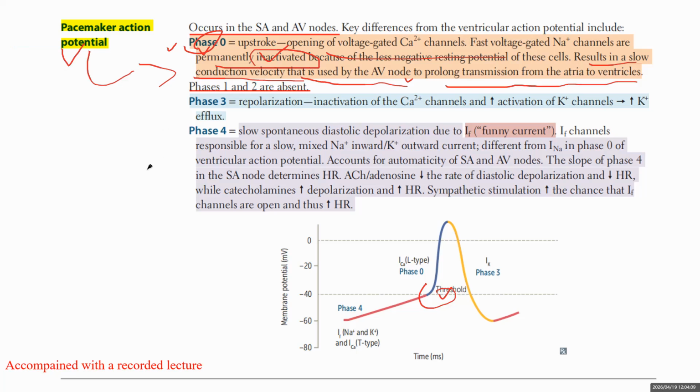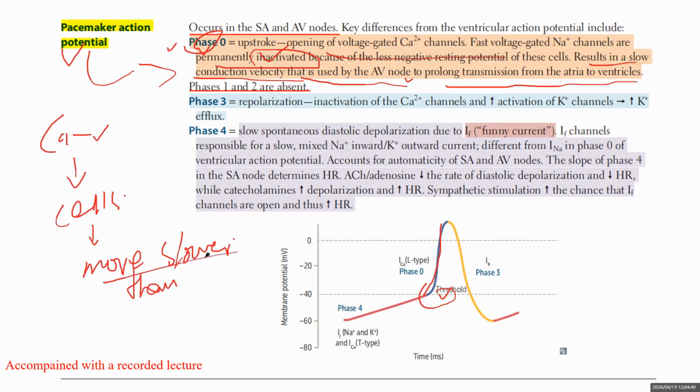As these calcium channels open, more calcium enters the cell, and when more calcium enters the cell, the membrane starts depolarizing, going above 0. The sodium channels are already inactivated. But what about the calcium channels? The calcium channels conduct more slowly.